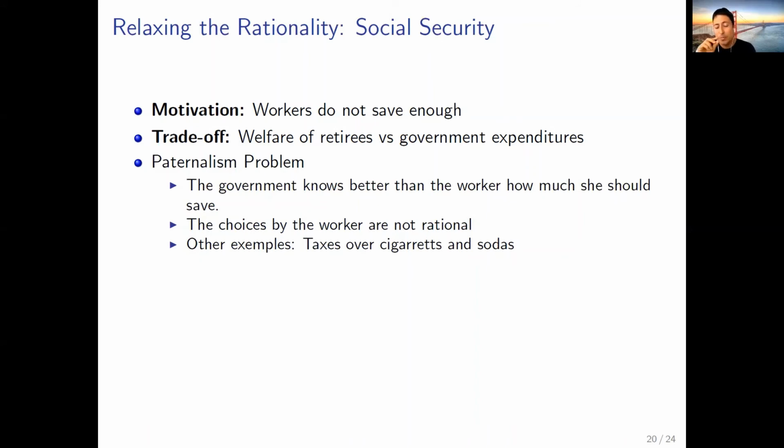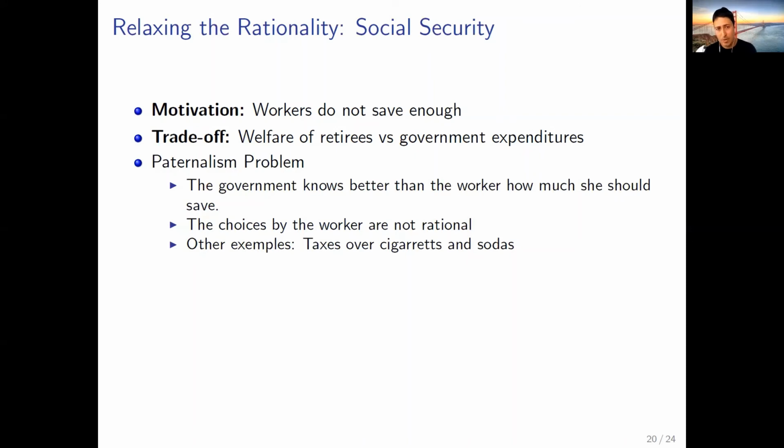So basically, the government is saying that the workers themselves do not know how to maximize their own utility. That's why we call it the paternalism problem, because it's paternal in the sense that the government is acting like a dad that says, I'm going to teach you how to be happy, right?